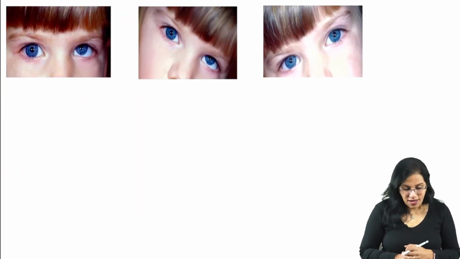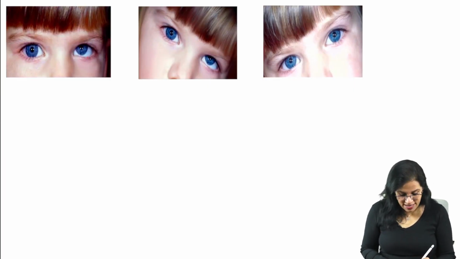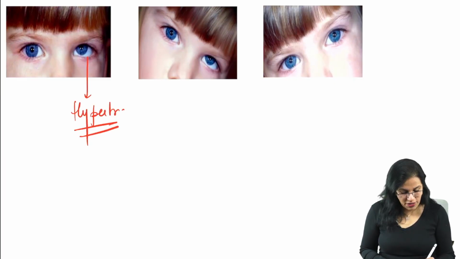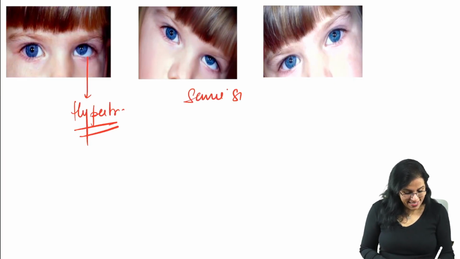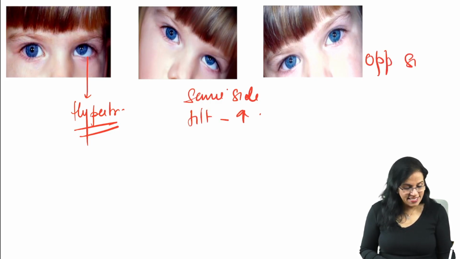Okay. Coming to the next slide, you see this child, I can see a hypertropia, right? This hypertropia increases when the head is tilted to the same side, but with the opposite side tilt, it becomes straight and normal.